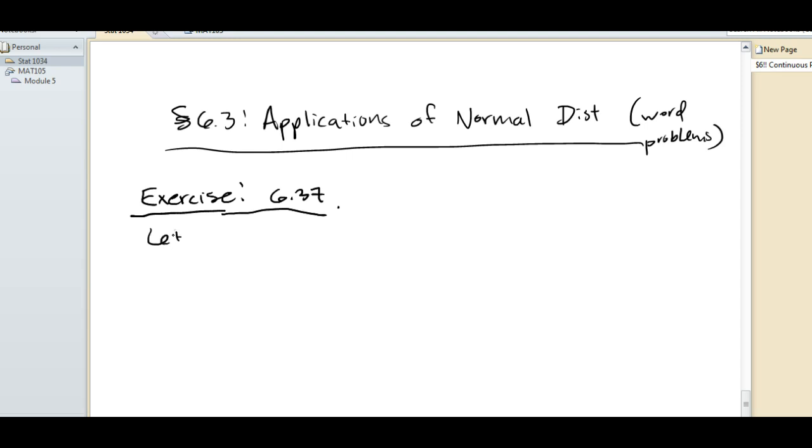So this one says let x denote the time taken to run a race.